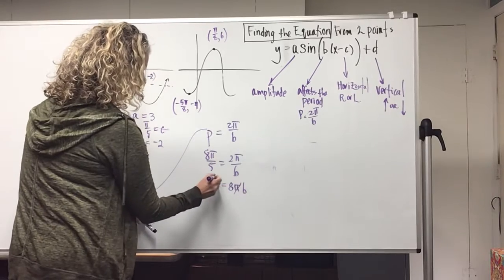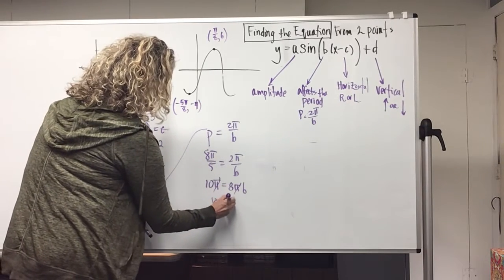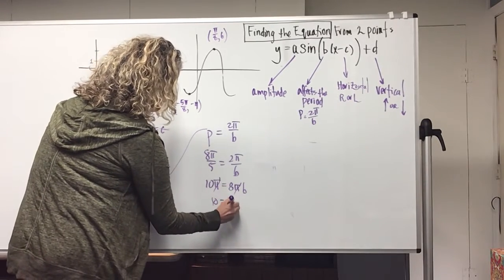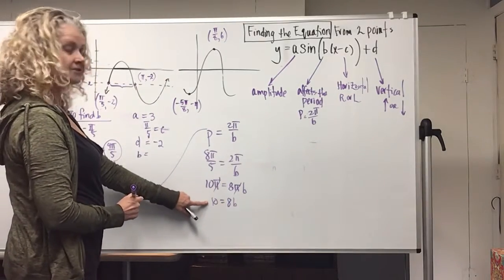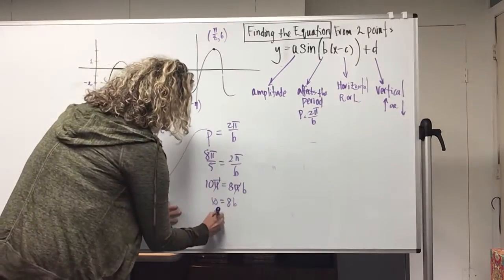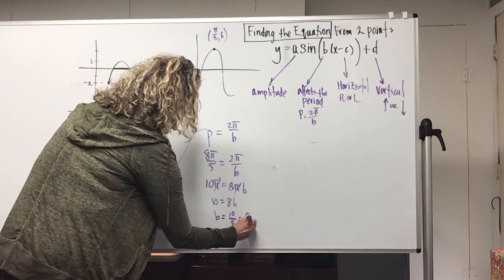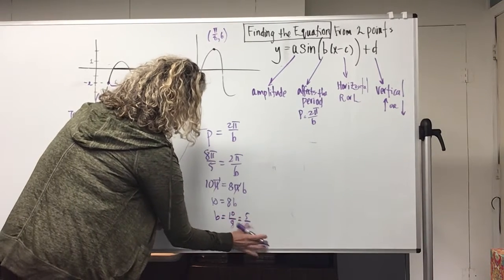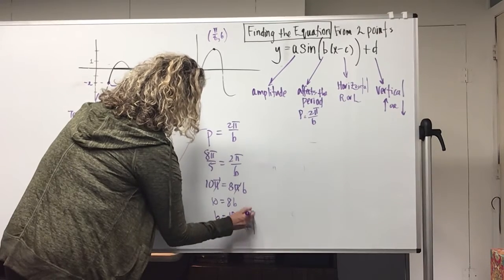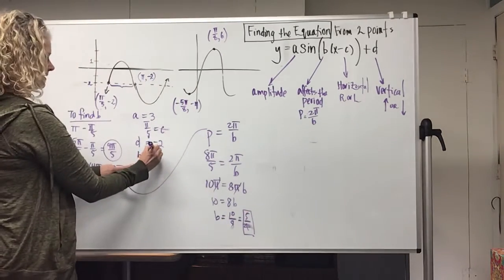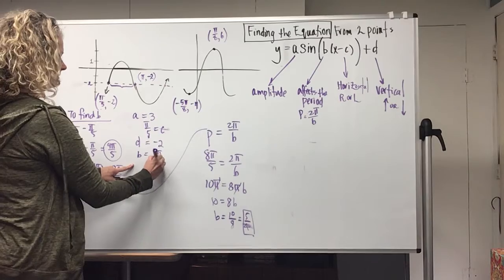Hopefully you're noticing the pi's cancel. So 10 equals 8b. Dividing both sides by 8, b is 10/8, which simplifies to 5/4. So now we have found our b is 5/4.